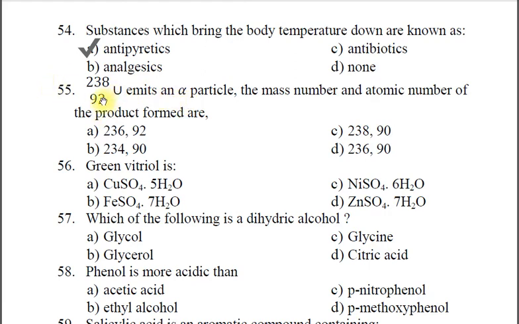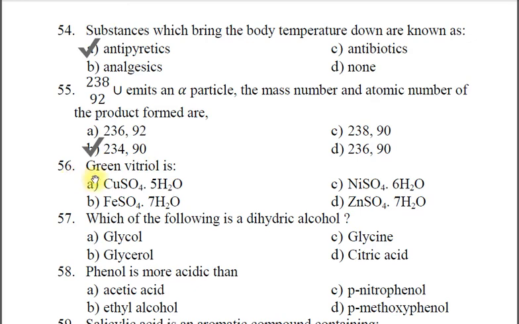So when this uranium emits the alpha particle, it loses 4 nucleons, which are the protons and neutrons, and it loses 2 electrons. So the product formed will have a mass number lesser by 4 and an atomic number lesser by 2. So the correct answer is 234 and 90. 238 minus 4 is equal to 234. 92 minus 2 is equal to 90.